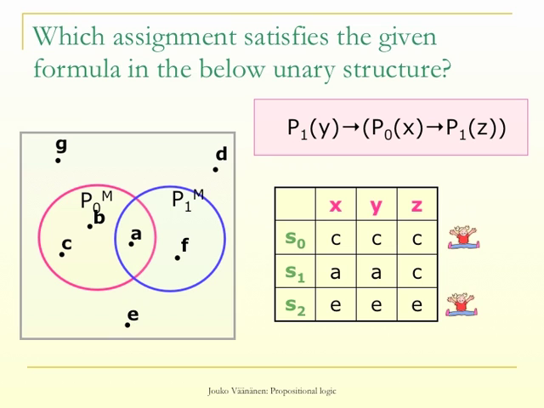It does not satisfy it because it actually satisfies P0x but not P1z, because the value of z in this assignment, namely element c, is not in the set P1m. So after this quick look, we can conclude that S0 and S2 satisfy the formula and S1 does not.